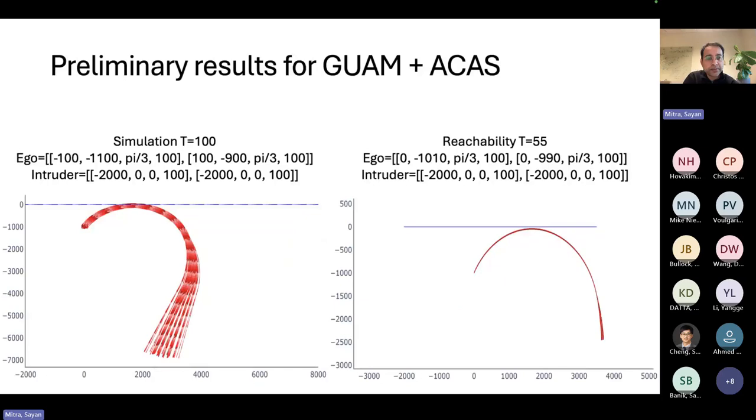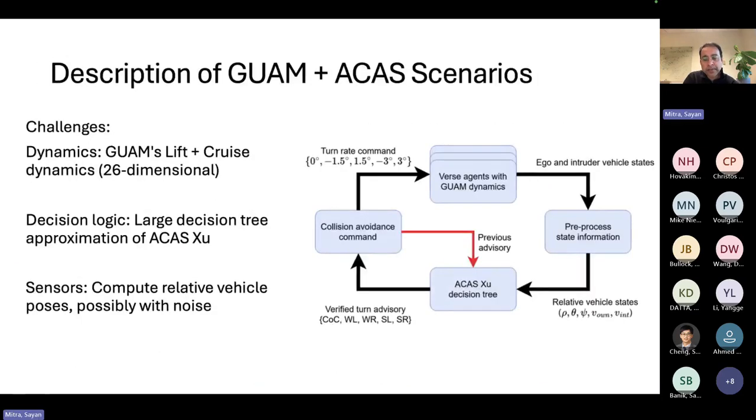Yes. So for every state where a decision is being made, you can actually go and look at the trace of that execution, meaning you can look at, for every time point in that simulation, what was the state and what was the relative state that went into that protocol, the ACAS protocol, and what was the output.